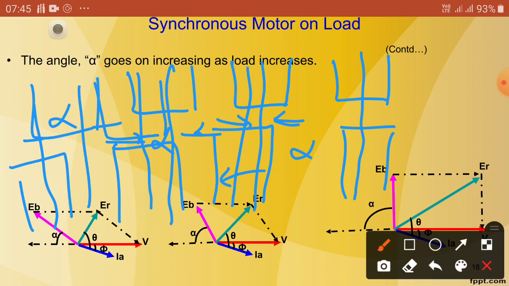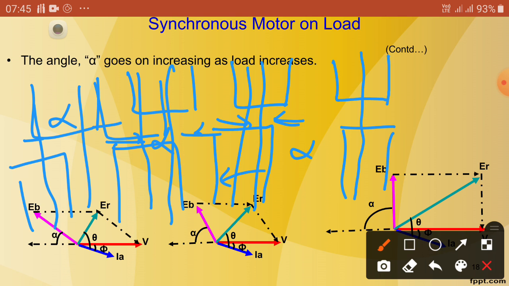At that condition, what will happen? Maximum ER is developed, and maximum current is drawn from the supply to develop the torque. This torque meets the increased load on the rotor to maintain constant synchronous speed.